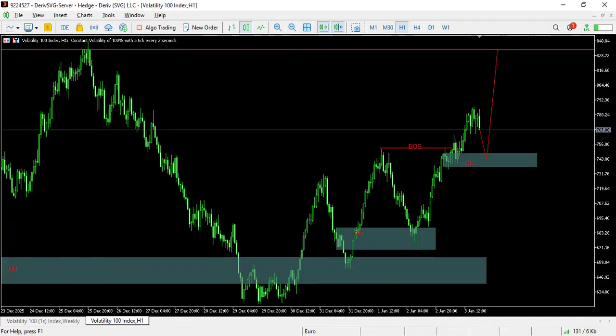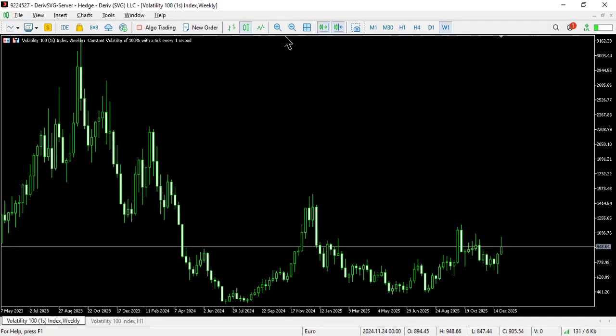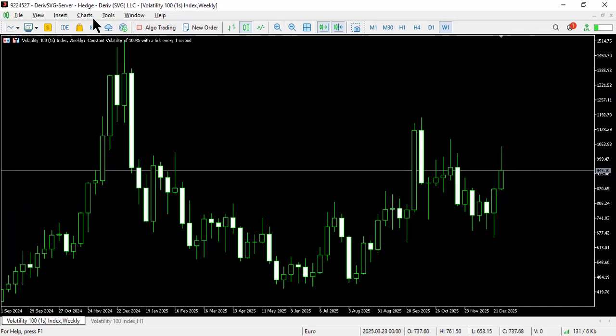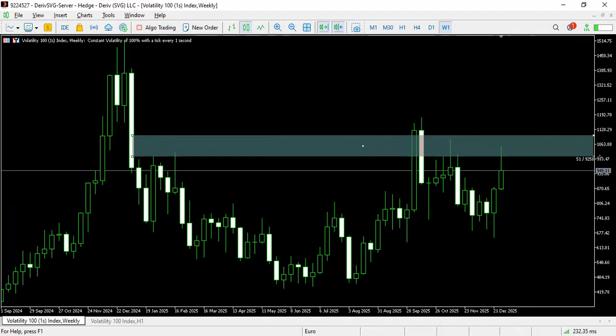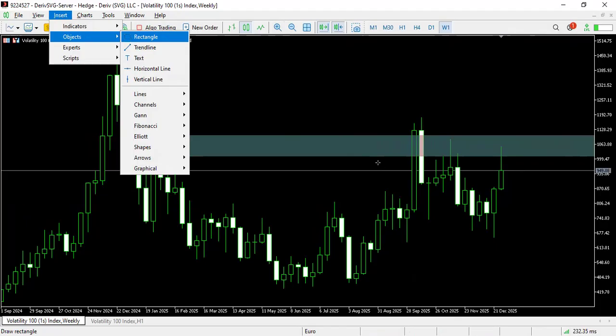And then if we go to VIX 101S, if we are to zoom in, so we have a supply zone right there where price has just tapped in and it's looking like it's pushing down.